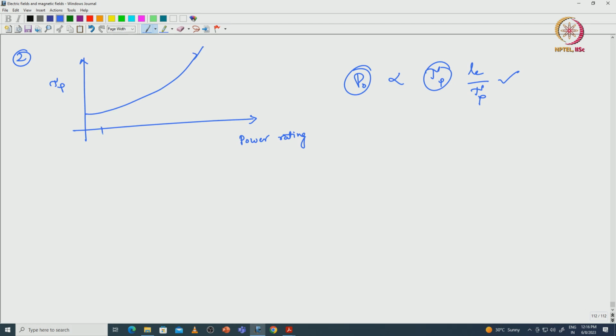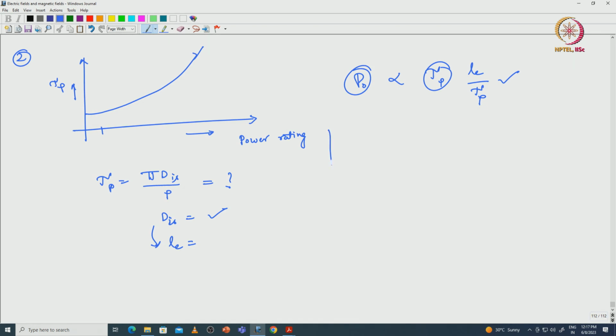So, the power rating is increasing and the pole pitch is also increasing. Based upon this we can find, for that particular power rating, what the pole pitch can be. Here tau p equals pi D by p, right. So, once we know this value then we can get the inner diameter of the stator, and Le, the length, also we can find.